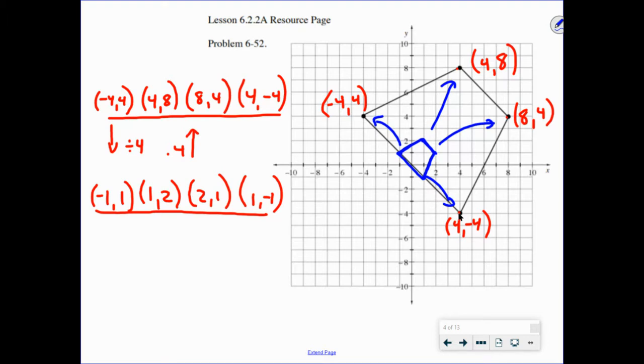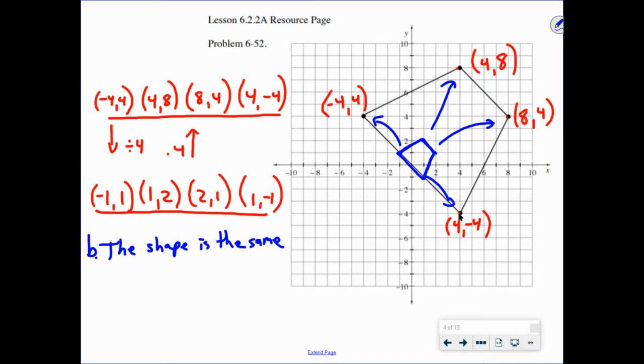Now, they do ask you the question, how does the shape compare to the dilated shape? Okay? And basically it's the same shape, but what's different? So write this down. The shape is the same. And you can write this on your handout or on your line paper, either way. This is 652B, okay? 652B.